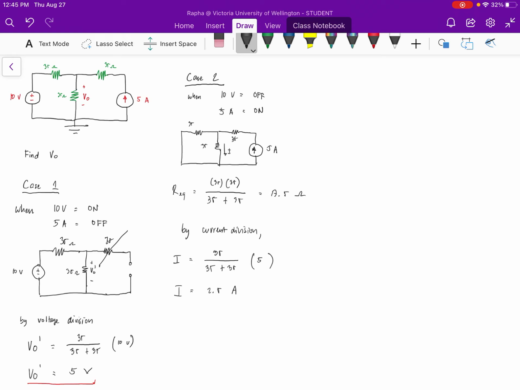Now solving for VO double apostrophe, we have 2.5 amperes times 35 ohms, and VO double apostrophe is equal to 87.5 volts. So that's the second part of the solution.